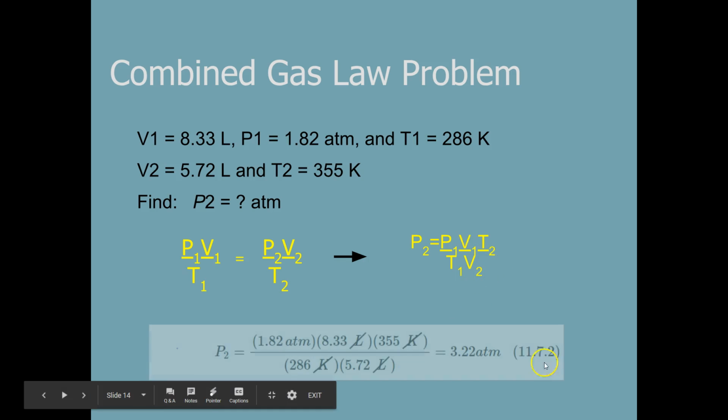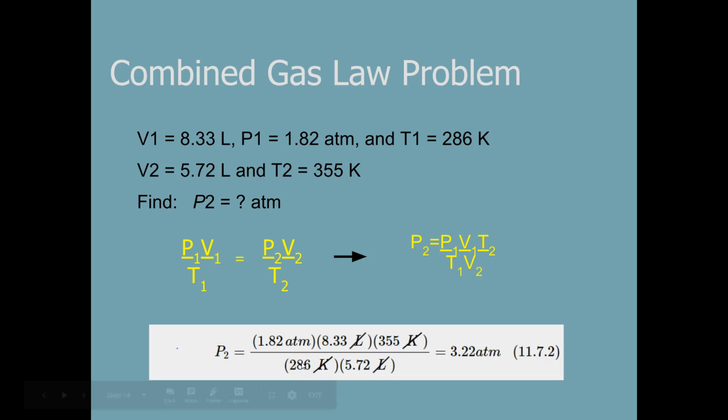You would multiply our initial pressure times our initial volume times our second temperature and divide it by our starting temperature and our second volume, and we would find that the answer is 3.22 atmospheres. So this is how you would go through and solve a combined gas law problem.